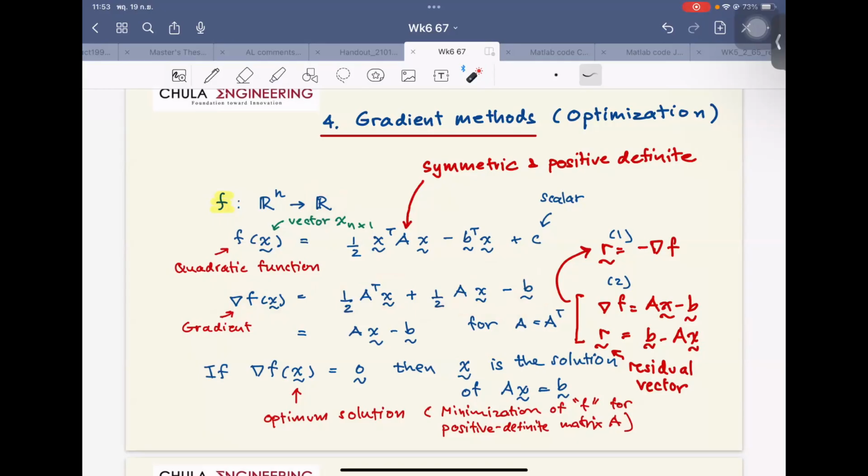Now when A is symmetric, A equal to A transpose, we can combine the first two terms, and we get Ax minus b.